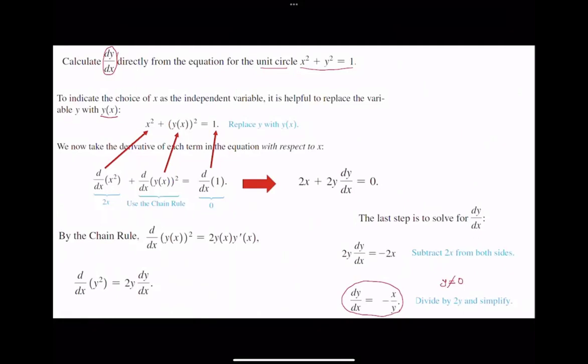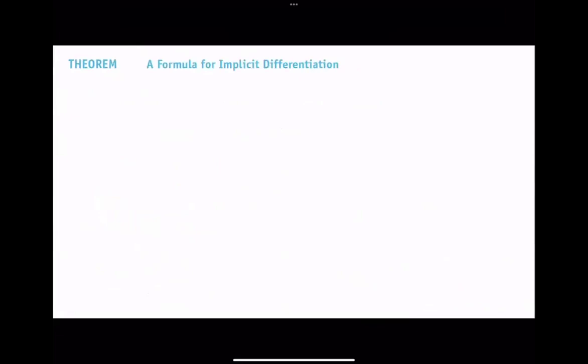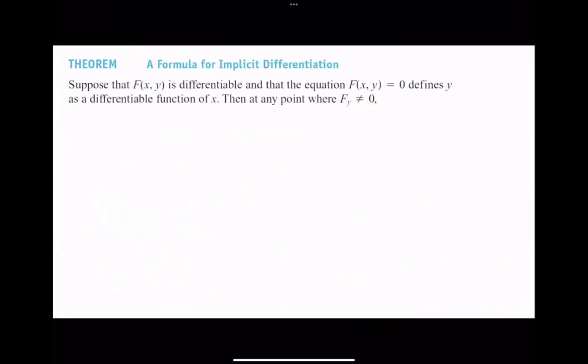But take a look at this relation. We can build a two-variable relation between these two and apply the implicit differentiation theorem. Suppose that f of x and y is differentiable and that the equation f of x and y equals 0 defines y as a differentiable function of x.